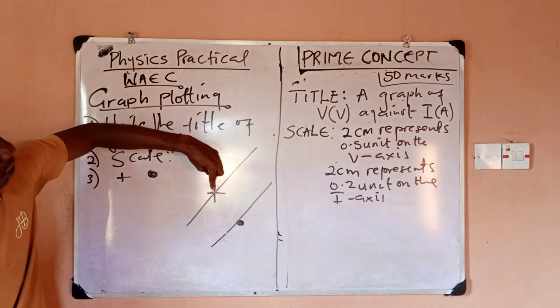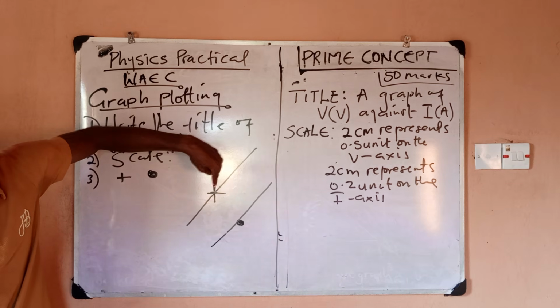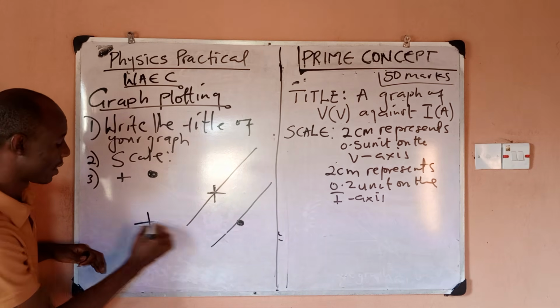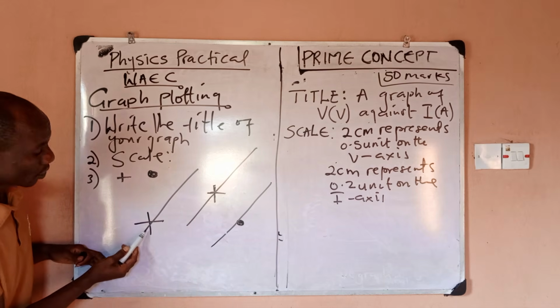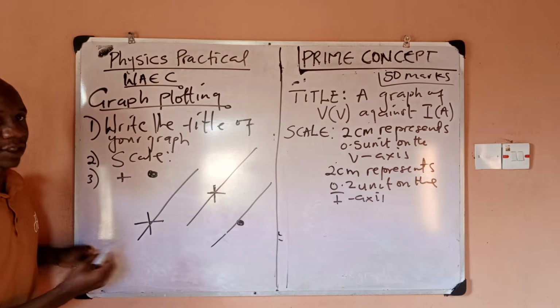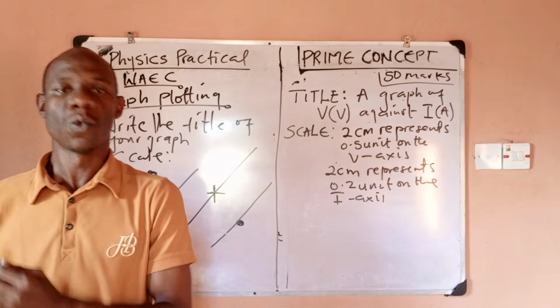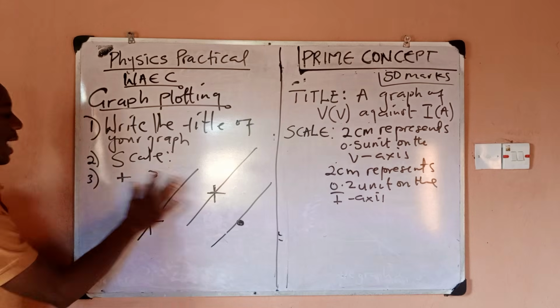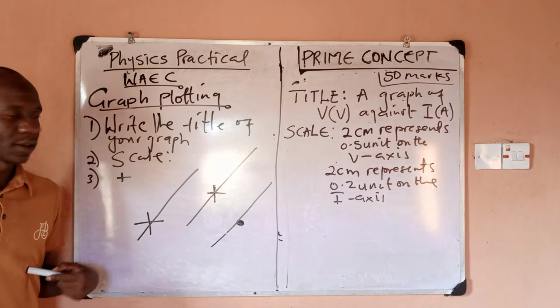But with this one, once it goes through the center, you can clearly state that it touches this point, right? Or if you have something like this and then it goes this way, you can see that it didn't go through this point because it didn't go through the center. So you can clearly state which point was accommodated and which one was not accommodated. So I said you use a what? Plus sign when plotting. All right.